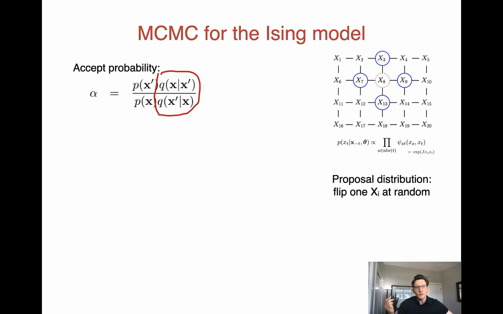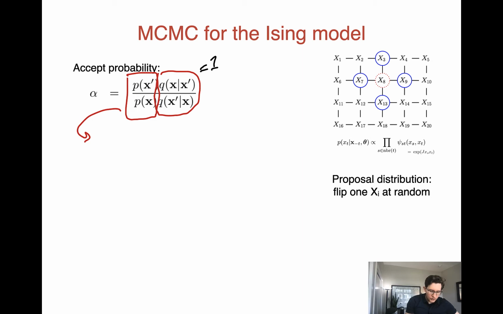That is, whatever the value of x_i is, there's an equal chance that we choose to flip it. So our ratio is symmetric, so this thing equals 1. That means we just have to focus on this factor here. Okay, so let's see what this factor is.